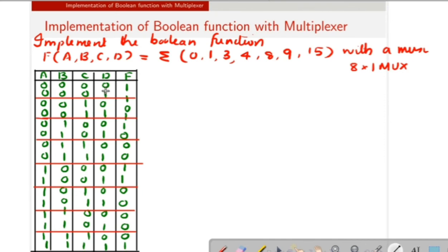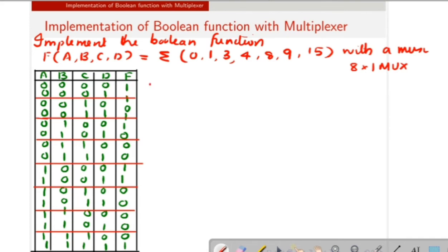Okay, D is the input. So next we can write how we can select the input of the multiplexer. Okay, when ABC is equal to 0, 0, 0, D is equal to 0, F is equal to 1, D is equal to 1, F is equal to 1. Okay, so F does not depend upon D.